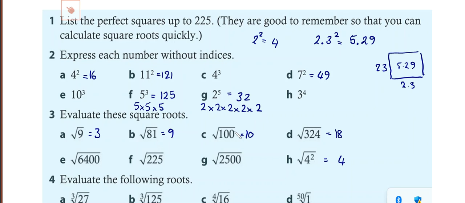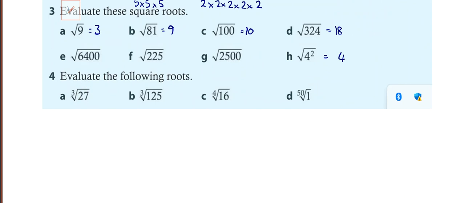Now, how do I know? Well, a lot of these it's very good to remember. What's the cube root of 27? 3. Why? The square root is what number multiplied by itself twice gives it.